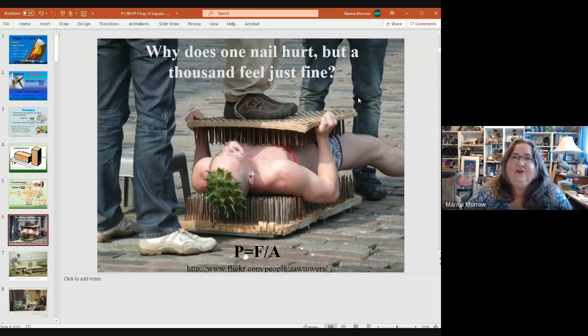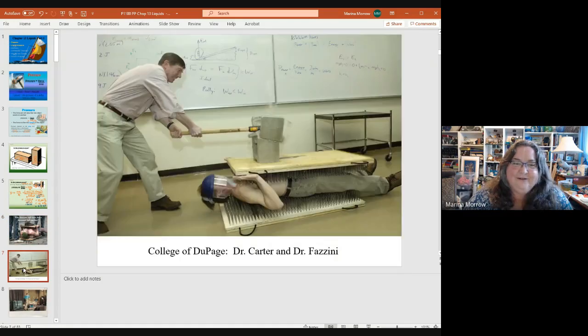Now, if you've ever lain on a bed of nails, which, by the way, I own beds of nails that students made for me. The college uses them, so here's them being used at the college by physics professors. So we put our professors on top of the beds of nails, and then we put a concrete block on top, and then we smash it with a sledgehammer.